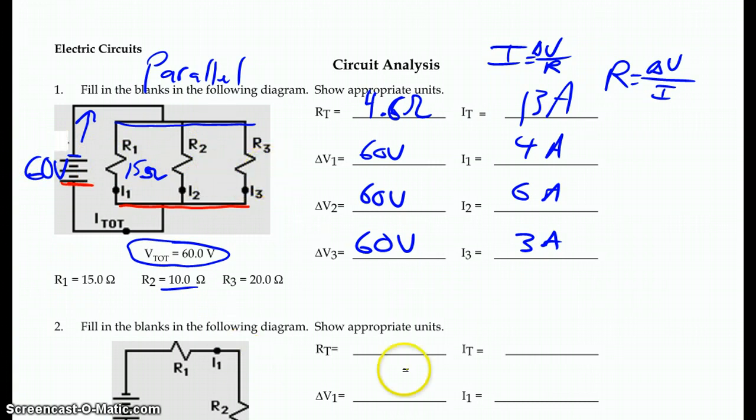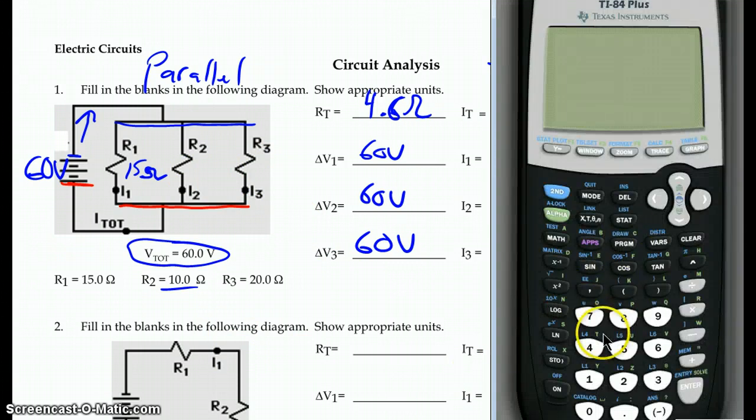Now, we could have used the idea of a parallel circuit in the first place and found the 4.6 by doing 1 over 15, so 15 x to the minus 1, plus 1 over 10, so 10 x to the minus 1, plus 1 over 20, so 20 x to the minus 1, equals, now that's the inverse of the resistance, so x to the minus 1, one last step, and we get 4.6.